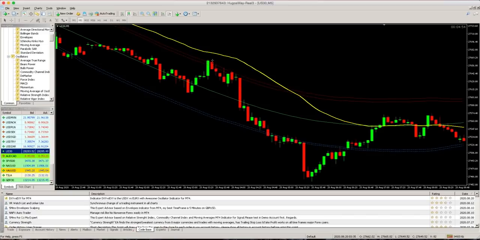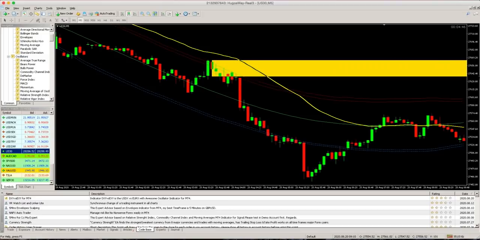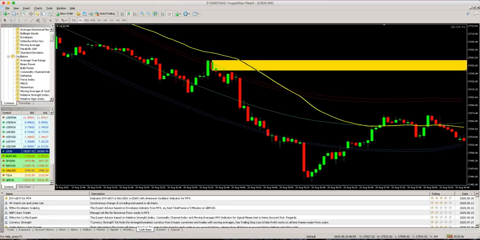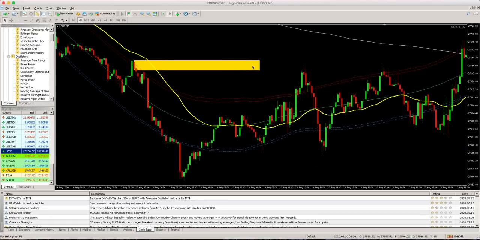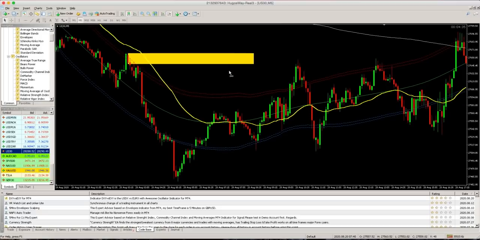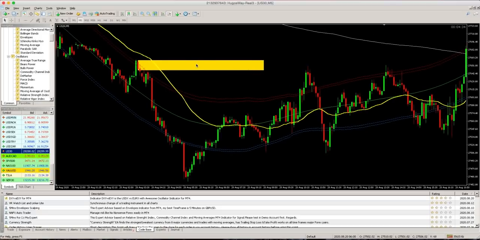You take the rectangle from the wick all the way down to the body, and when price tests it the first time, it always rejects. It's never going to surpass this level. Let me zoom out so you guys can see. Price is always going to fail the first time when it comes back to this level. Always.